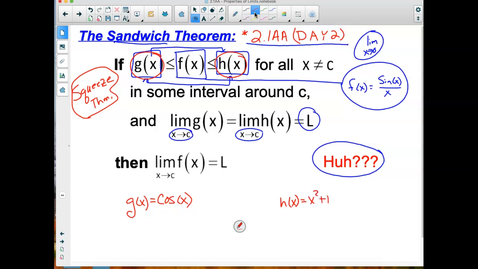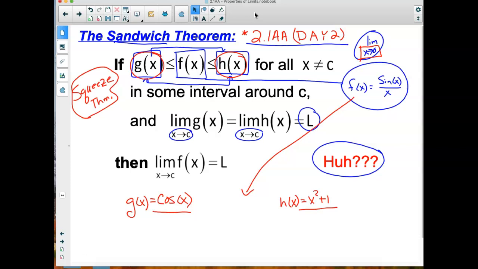When this is my f of x function in the middle, the cosine function is always below the f of x function, and this one is always above the f of x function, for all x within a realistic window around 0.